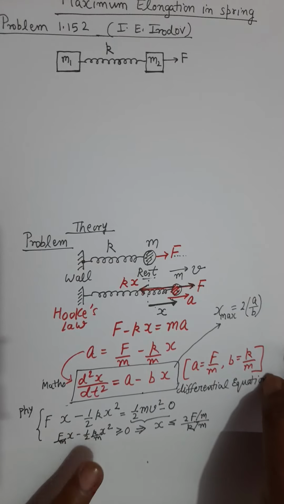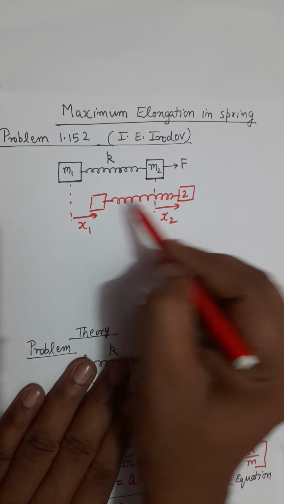Let's say at some time our mass m1 is moved to the right side by x1 distance and mass m2 is moved to the right side by x2 distance. So that's m2 mass and that is m1 mass.